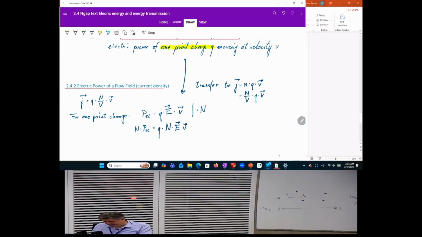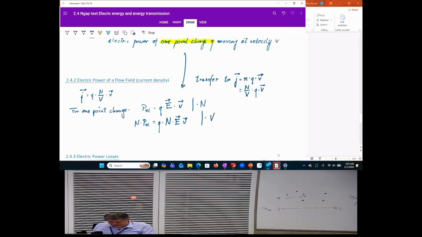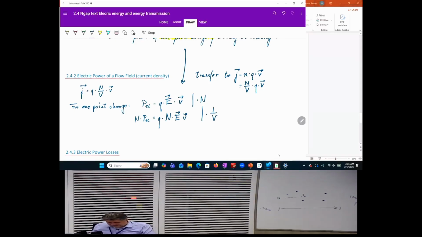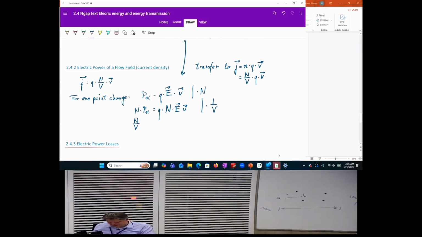And now let's expand that on either side with the volume, or rather we divide it by the volume, let's write that like 1 over volume. So that would give us number of carriers divided by the volume times the differential electric power, times the charge, here also number over volume times the electric field times the velocity.